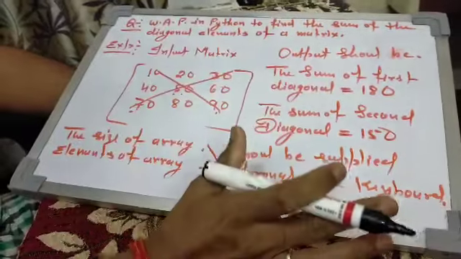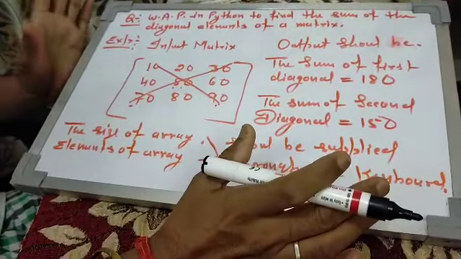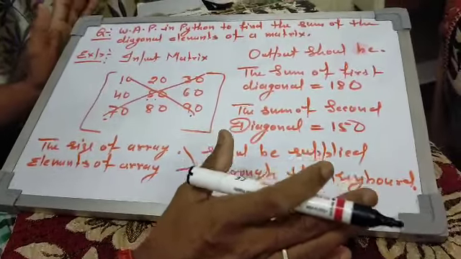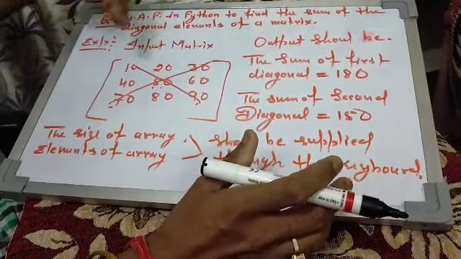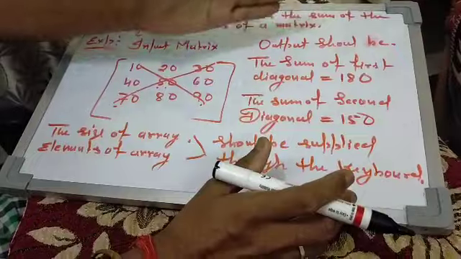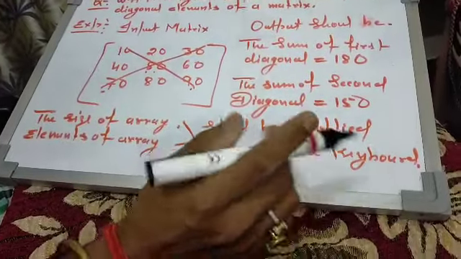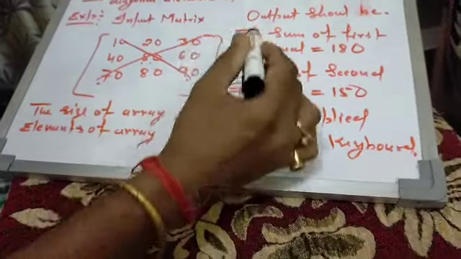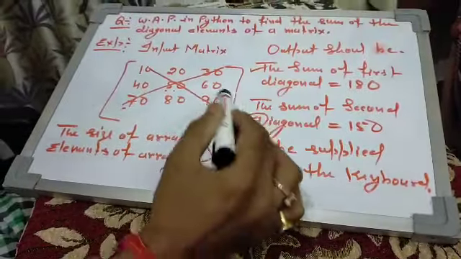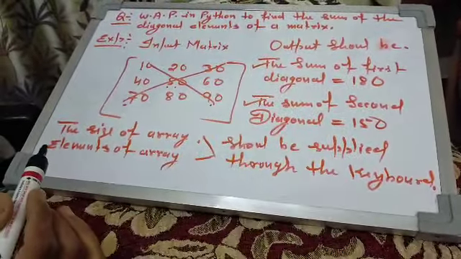So here is the question, and I hope you have clearly understood the question, what is the input and what should be the output after execution. So input is a matrix and output is the sum of the first diagonal and the sum of the second diagonal.